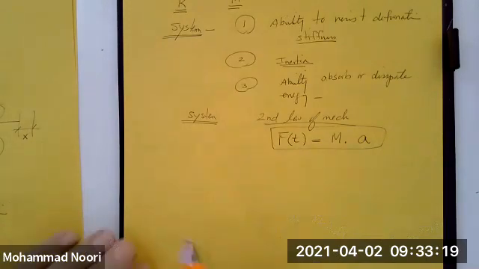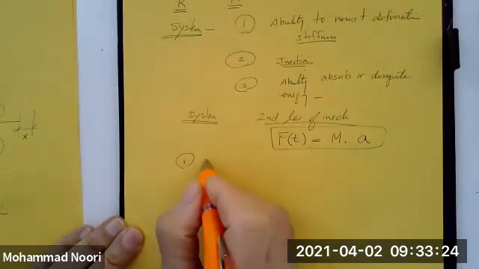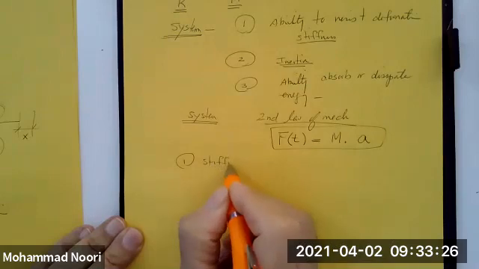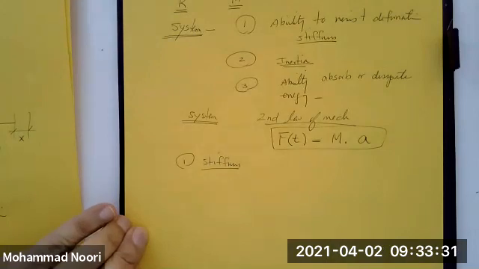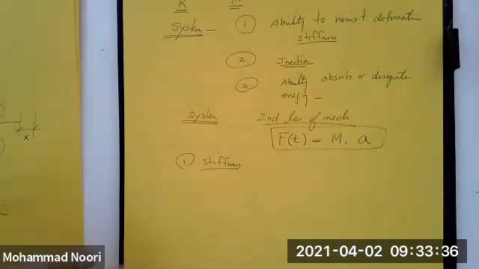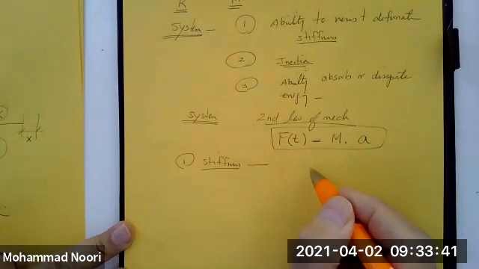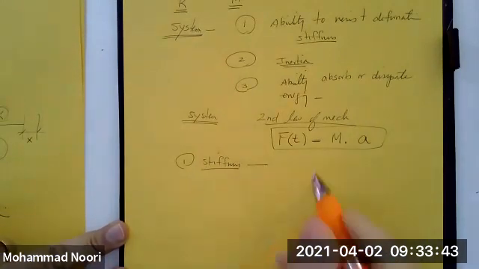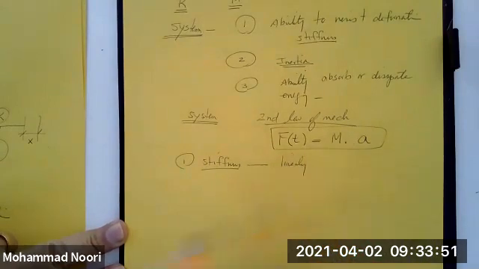So let's go back and talk about those three attributes. I said stiffness, and the stiffness is a measure of the ability of the structure to resist deformation. The kind of behavior, when it comes to the deformation of the structure that we will be dealing with, including in this course, is that the system deforms linearly. That is, we do not exceed the yield limit.